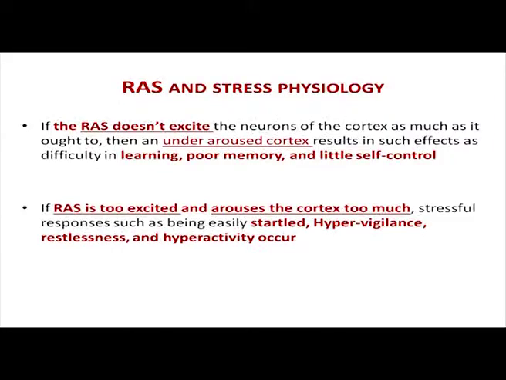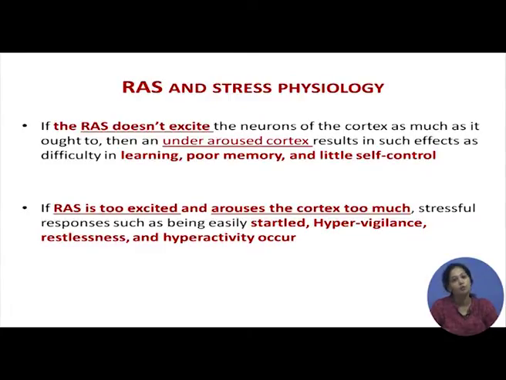So, if the reticular activating system does not excite the neurons of the cortex as much as it ought to, then an under-aroused cortex results in effects like difficulty in learning, poor memory and very little self-control. On the other hand, if the RAS is too excited and arouses the cortex too much, then stressful responses result.